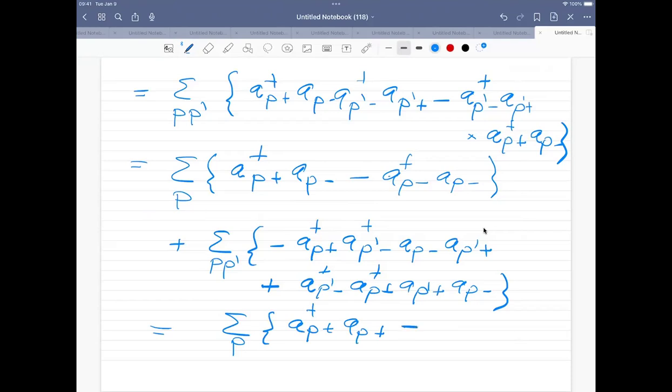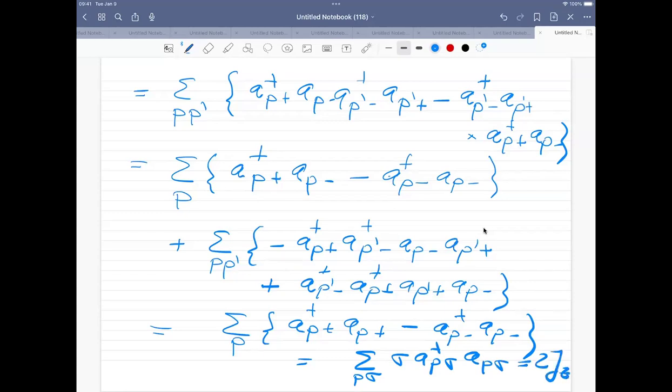Plus and minus an a_p minus, an a_p minus here. And that is nothing but the sum over p and sigma of sigma times a_p sigma dagger a_p sigma, which is the same as 2 times Jz. So you can do something corresponding to that one.